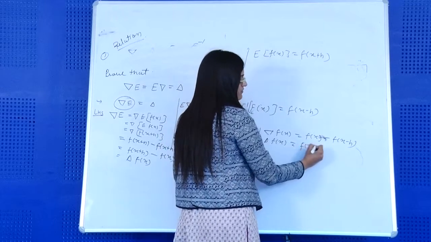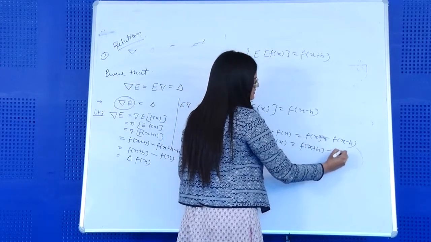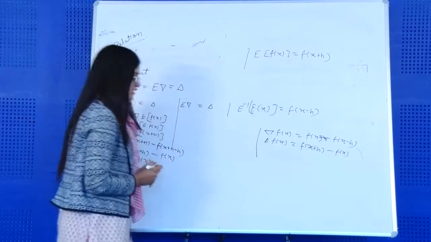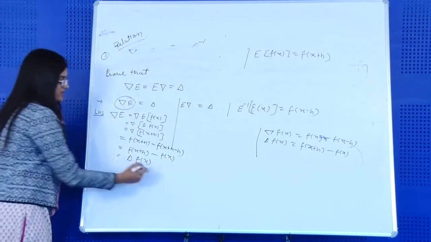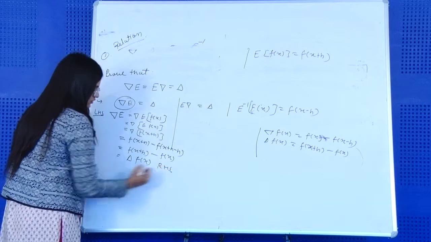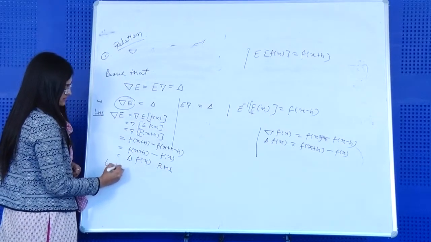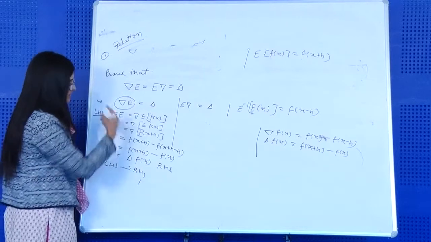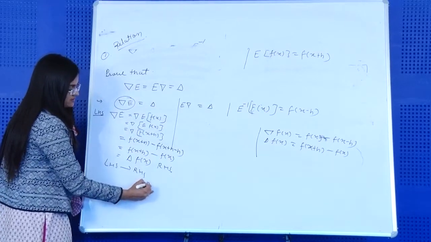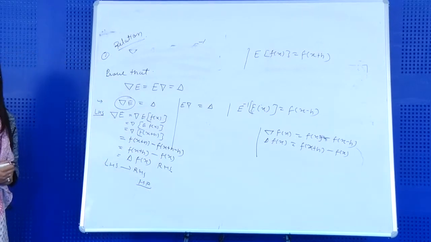It is f of x plus h minus f of x. So we start with the LHS and we get the RHS value. So LHS equals RHS. Now I have proved one part of the equation. Hence proved.